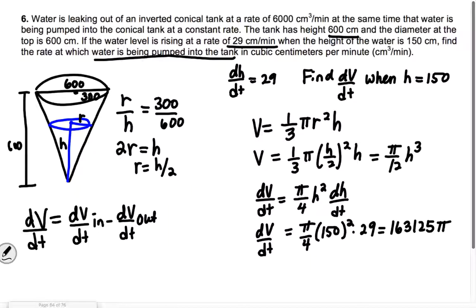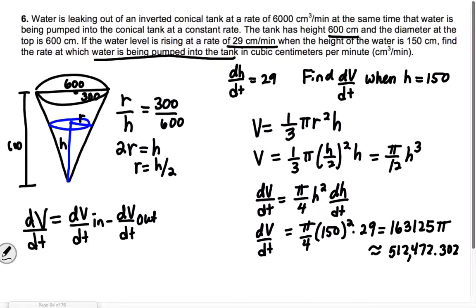So we get 163,125 pi. You could multiply the pi in if you want, I don't care. Which is approximately 512,472.302 centimeters cubed per minute. And if it's like a silo or something, it makes sense that it'd be a lot.